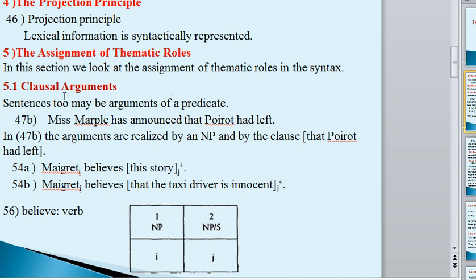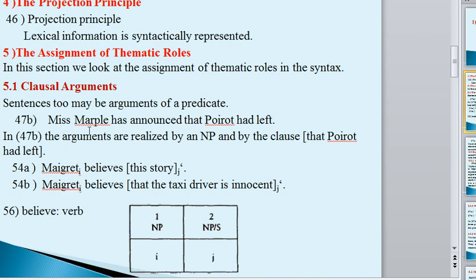For example, clausal arguments. You look at these example sentences, two arguments of a predicate, okay? Until now, we just talked about words as arguments of the verb, but sometimes a clause can be an argument of the predicate.